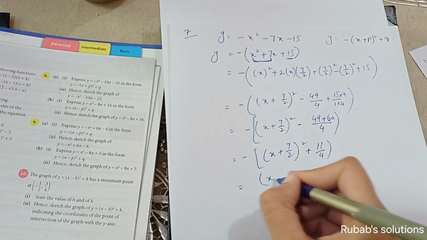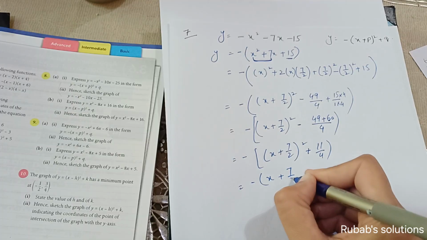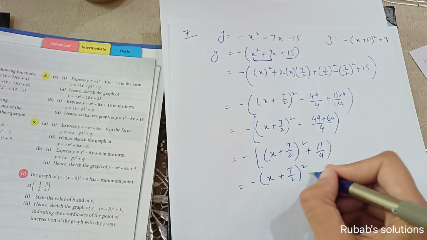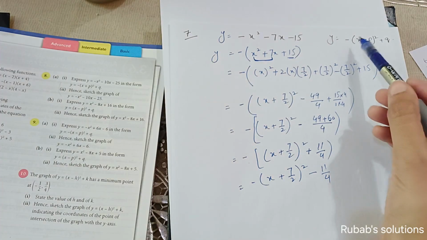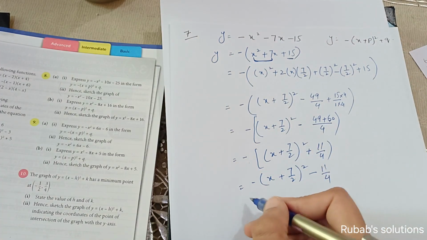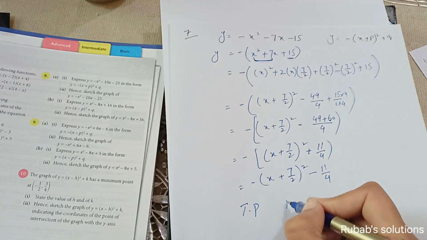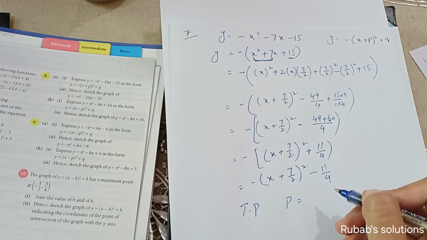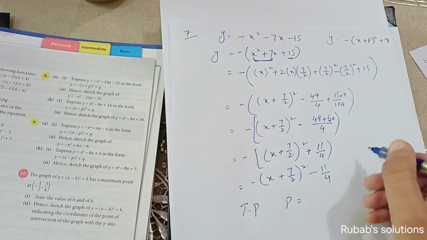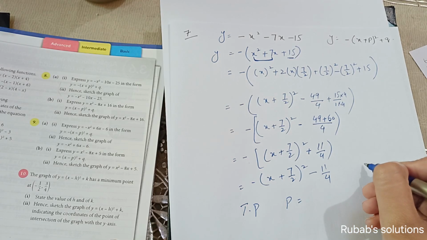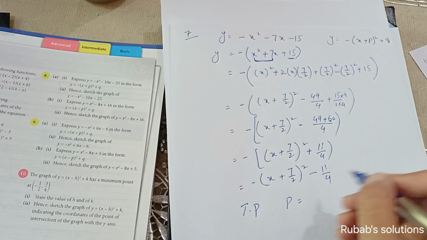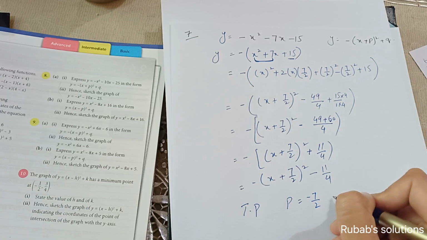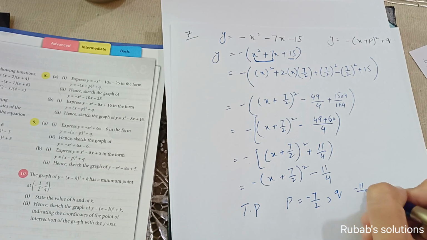So from here you will get minus (x plus 7 by 2) whole square, and this minus plus minus 11 by 4. Okay, now it is in this form. Comparing for turning points, P will be equal to, the general form is, it will become minus 7 by 2, and Q will become minus 11 by 4.